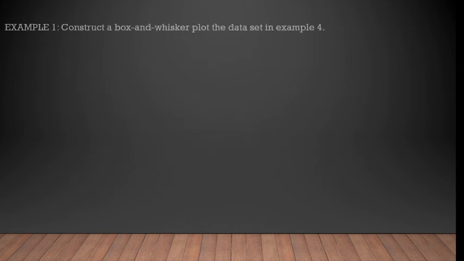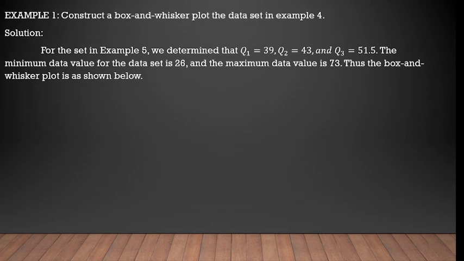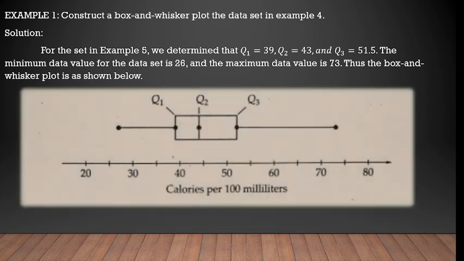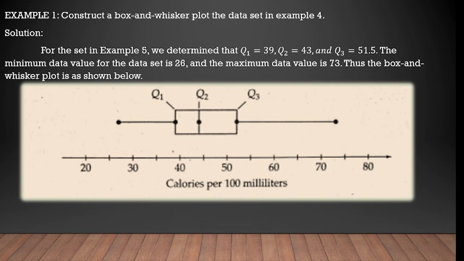Next, please. So, example: construct a box and whisker plot for the data set in example 4. Solution: for the data set in example 5, we determined that quartile 1 is equal to 39, quartile 2, which is the median, is 43, and quartile 3 is 51.5. The minimum data value for the data set is 26, and the maximum data value is 73. Thus, the box and whisker plot is as shown below.